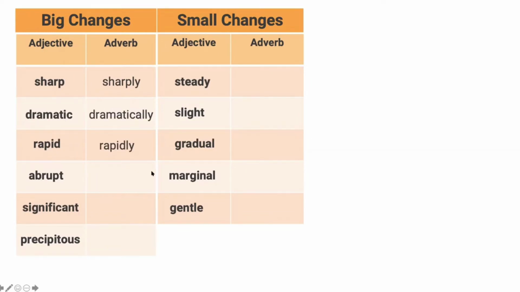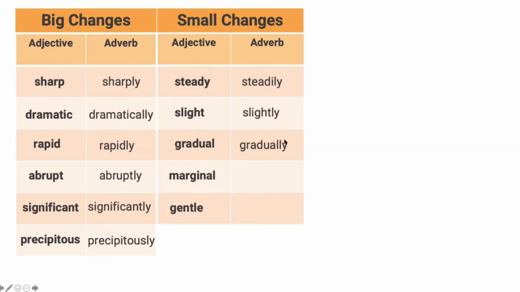Rapid, rapidly. Abrupt, abruptly. Significant, significantly. Precipitous, precipitously. Now for small changes, we have our adjectives here: steady, steadily, slight, slightly, gradual, gradually, marginal, marginally, gentle, and gently.